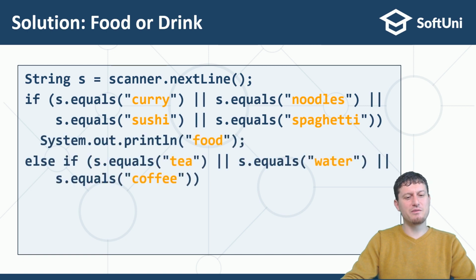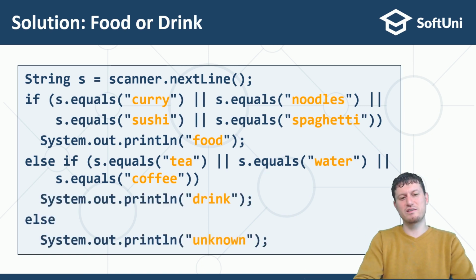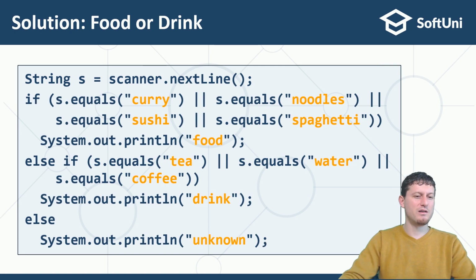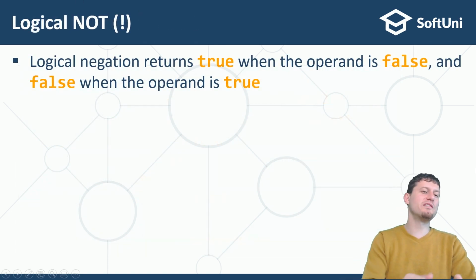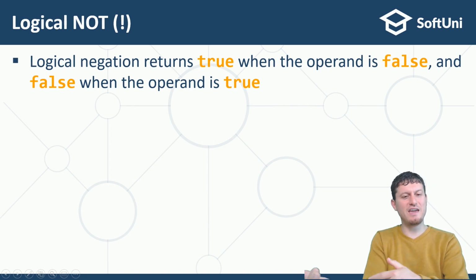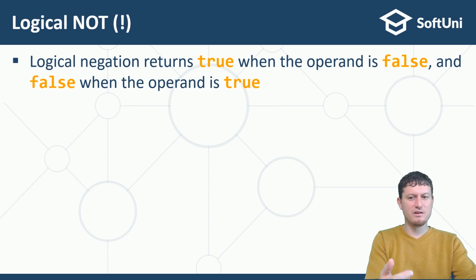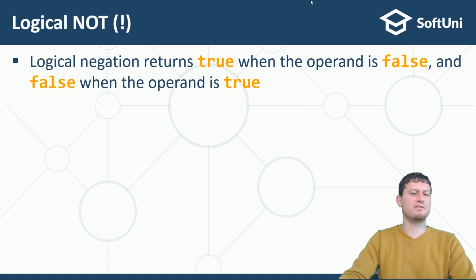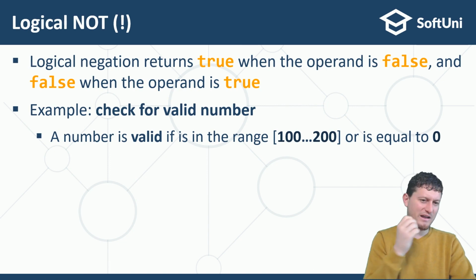It's very similar without the blocks with opening and closing curly brackets, but it's essentially the same solution, just a little bit less code. Okay, so let's demonstrate the logical not. The logical negation or not returns true when the operand is false, and false when the operand is true. So it inverts the value.